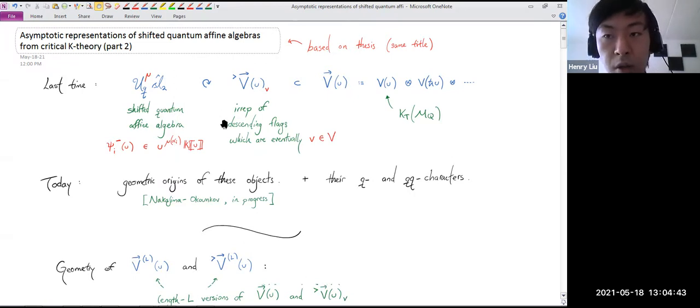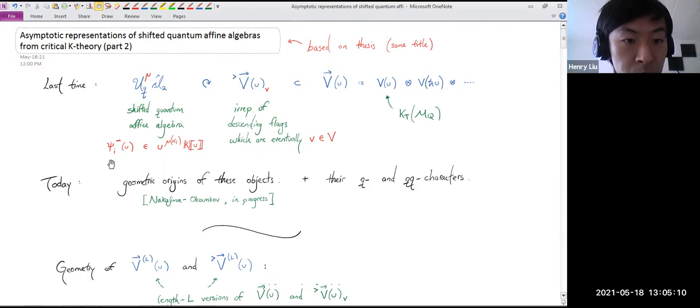And the way we saw this last time was we just very explicitly wrote down matrices and matrix elements. And we very explicitly saw that as you take the number of factors in your tensor product off to infinity, a shift will occur in these psi generators of your quantum affine algebra.